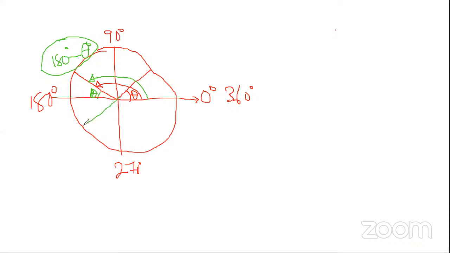Then in the third quadrant, this will be still this theta value. It is equal to the angle in the first quadrant. Then you now need an angle from here up to this point.